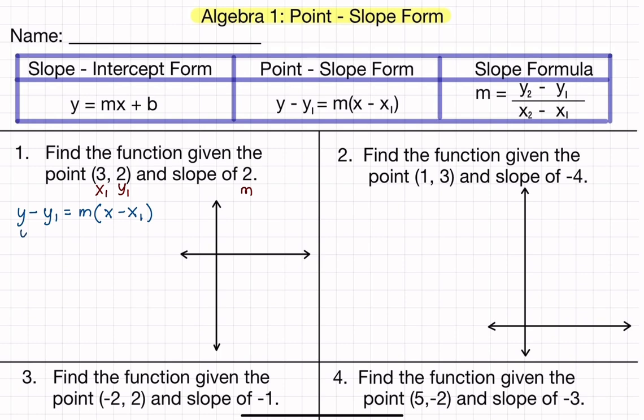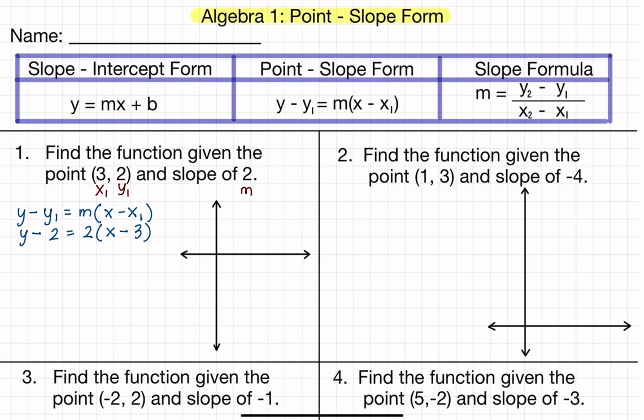So we will write y minus our y sub 1 is 2 is equal to our m is 2. So I'm going to write 2 times x minus our x sub 1 is 3.